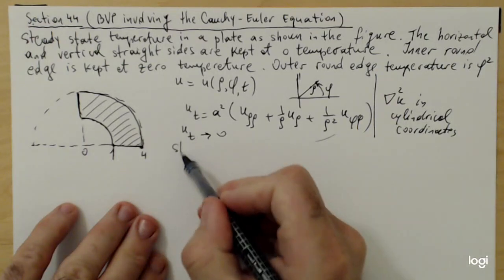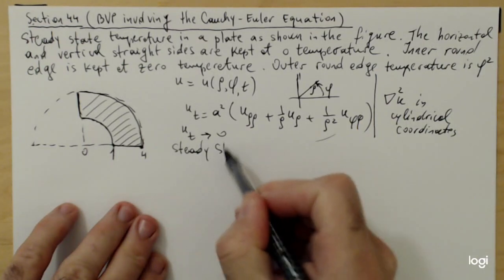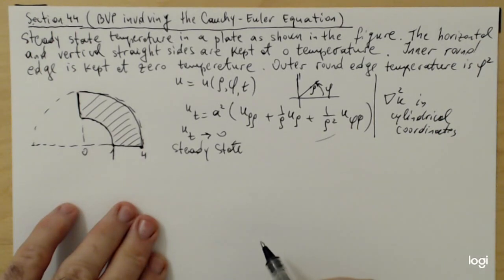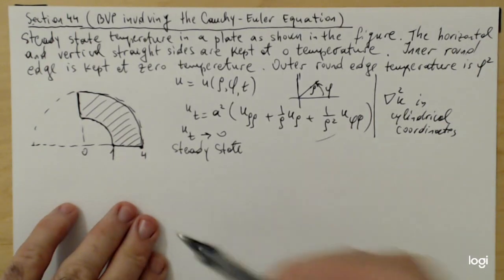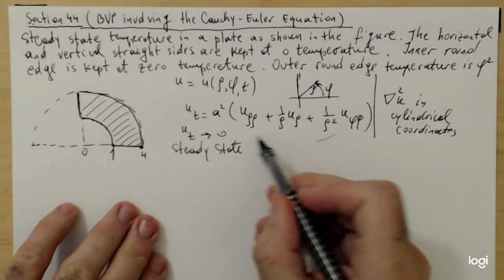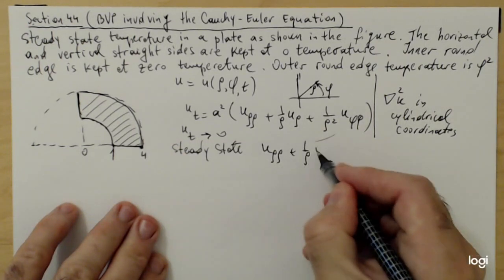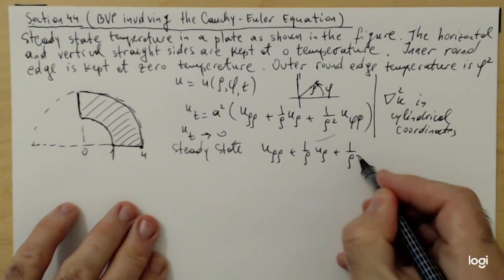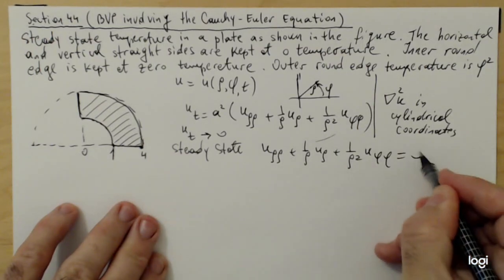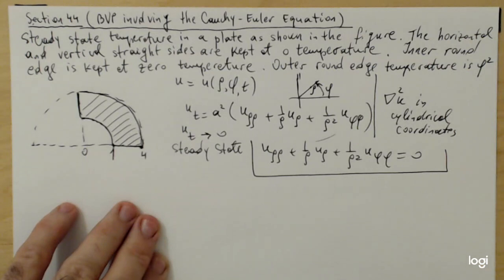So the steady state PDE, the PDE that gives you the steady state temperature, would be just the Laplacian equal to 0. So this is essentially the problem that we want to solve with the appropriate boundary conditions.